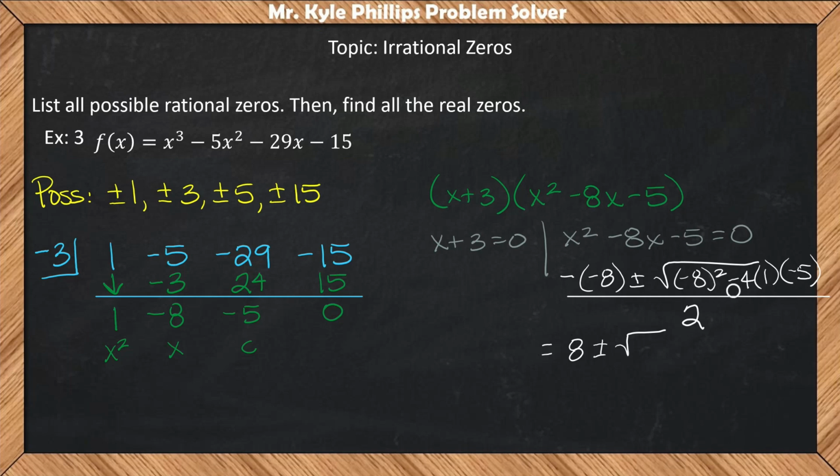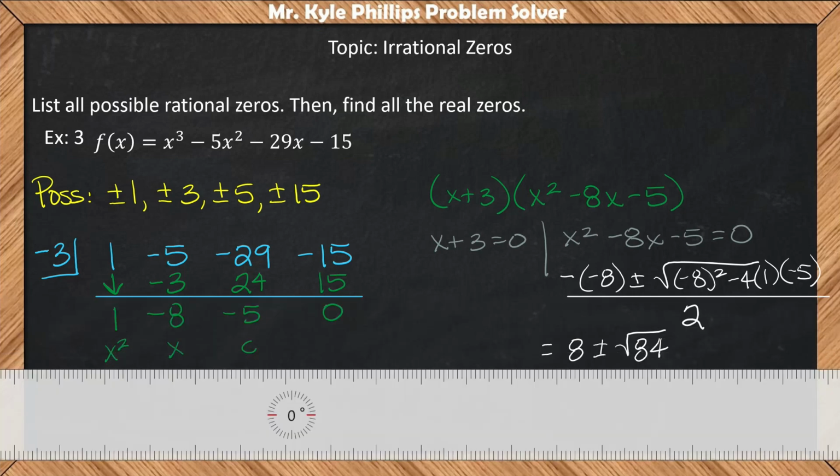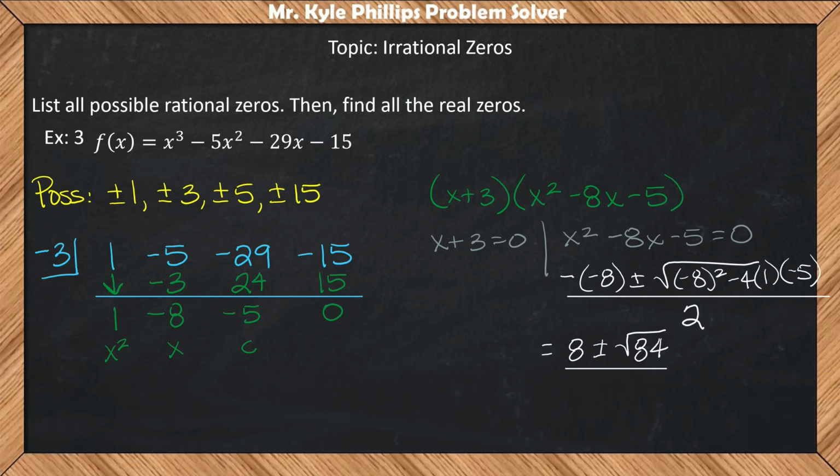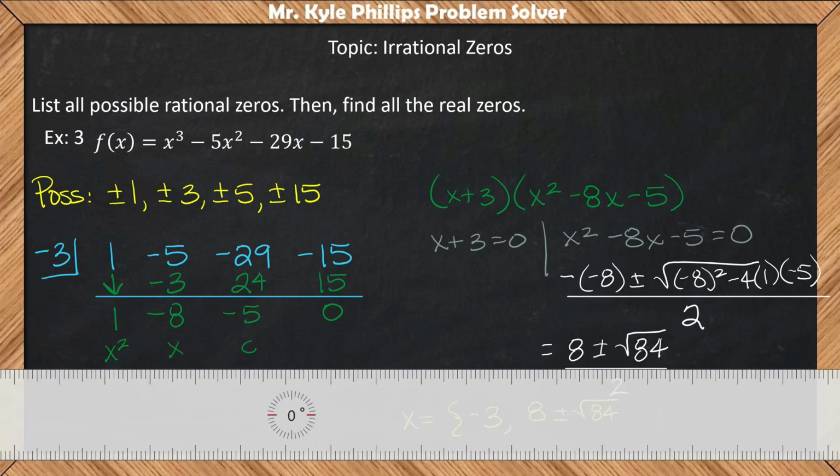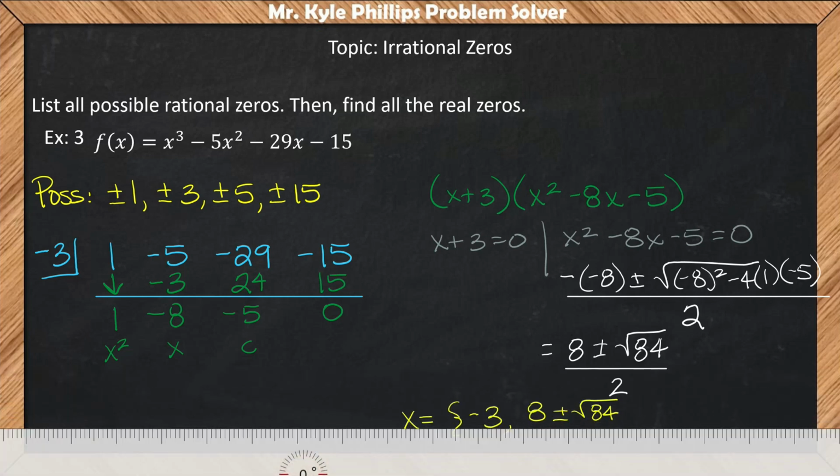So 64 plus 20 is going to give me 84. And then my denominator remains 2. So you could write your solutions using this. I could say x equals -3, and x equals 8 plus or minus the square root of 84 all over 2.